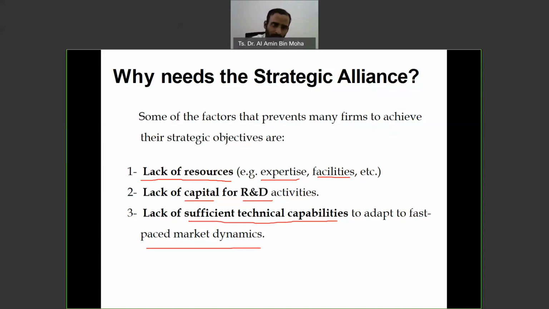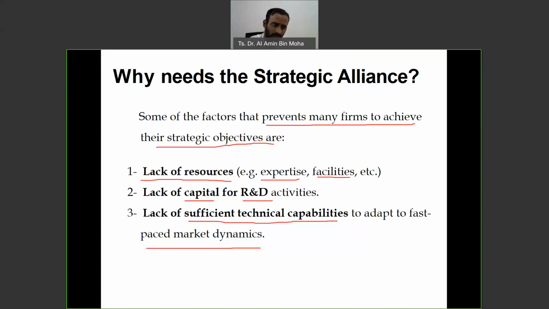So you need to quickly adapt to the market environment with the functions being offered by your competitor. If not, you're going to lose. So these are most of the time the factors that prevent many firms from achieving their strategic objective, and it can also make them lose the battle in the market, local market or global market.